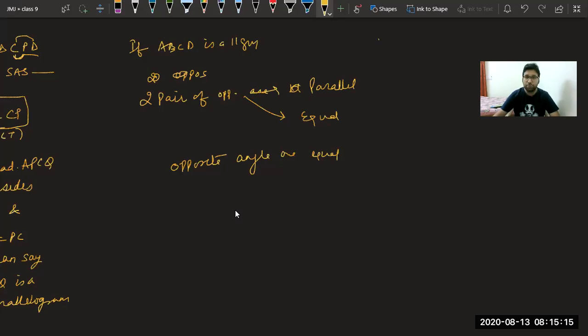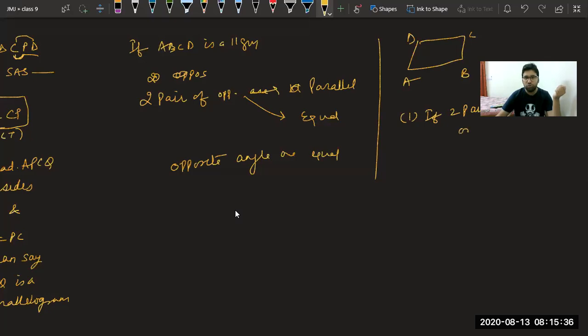Now in case you are given a quadrilateral ABCD and you want to prove it a parallelogram, there are many cases you can take. First, if two pair of opposite sides are parallel, then it is a parallelogram.